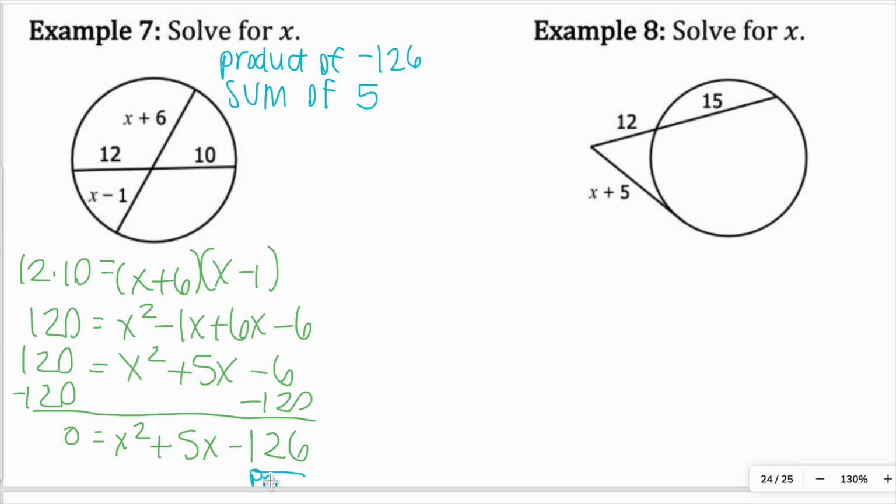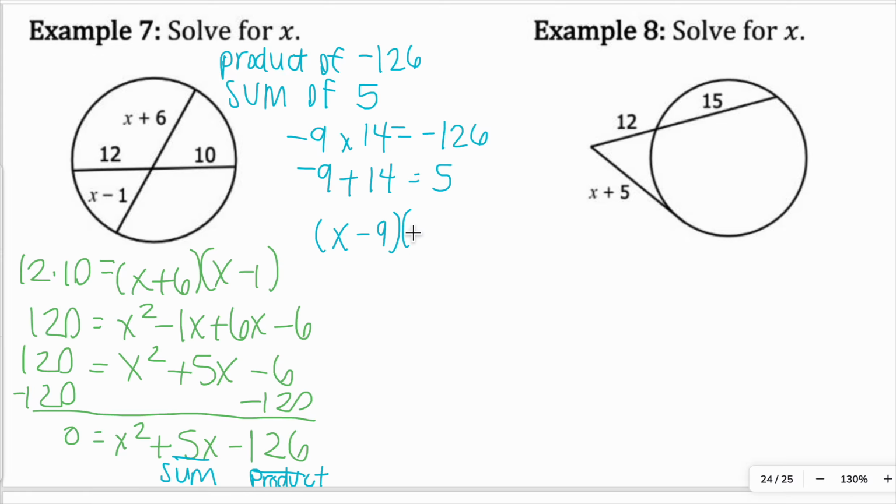Product is the negative 126 and sum is the 5x. Those two numbers are going to be negative 9 and 14. Negative 9 times 14 gives me negative 126, and negative 9 plus 14 gives me the sum of 5. So I would have x minus 9 and x plus 14 as my two options, setting equal to 0.